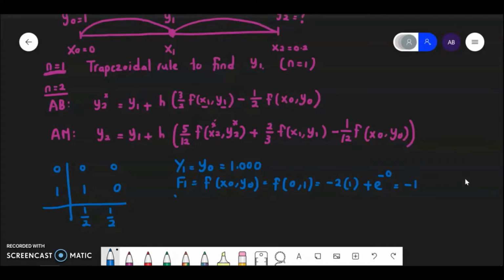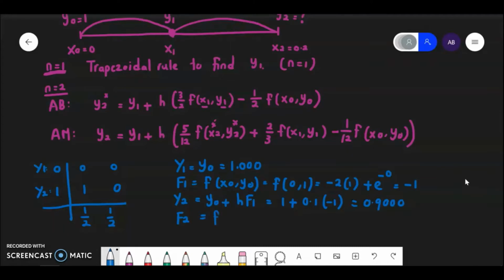Now I want to look at the second stage, y2. This is my y1, this is my y2 here. For y2, we have y naught plus h of f1. So y naught, which is 1, plus h, which is 0.1, times f1, which I've already found, minus 1. So I have 0.900. Before my update, I need to find f2, the function at y2.